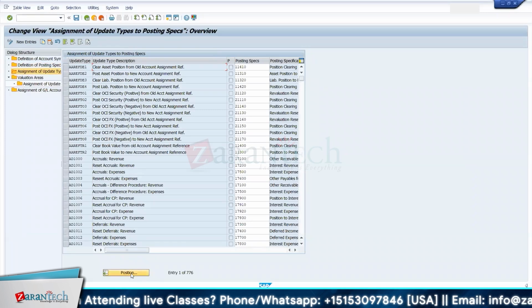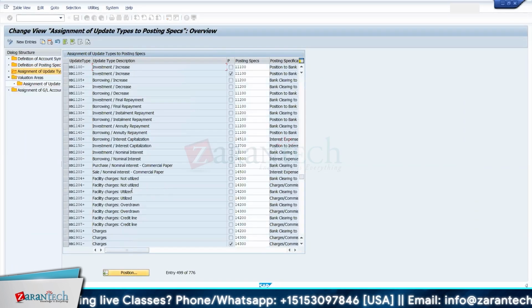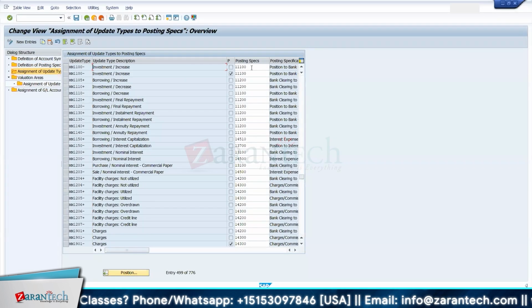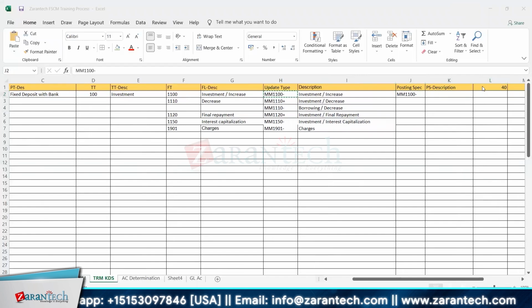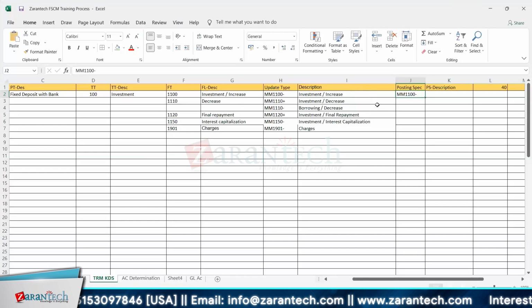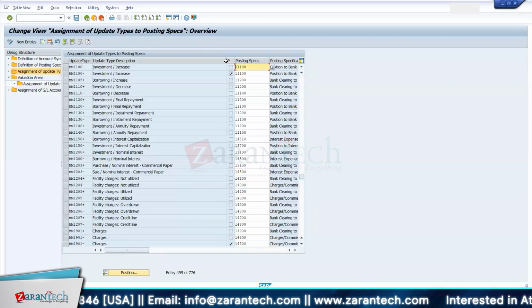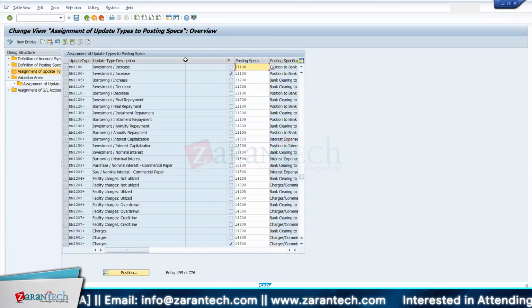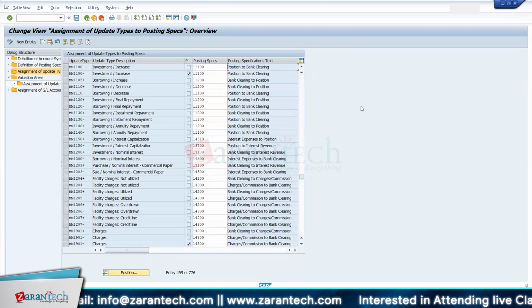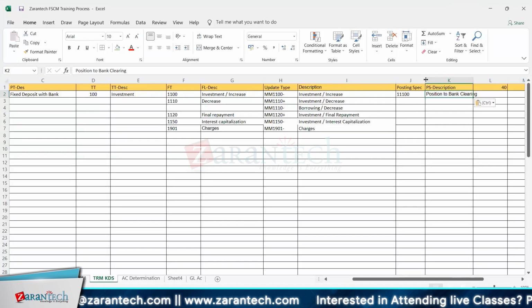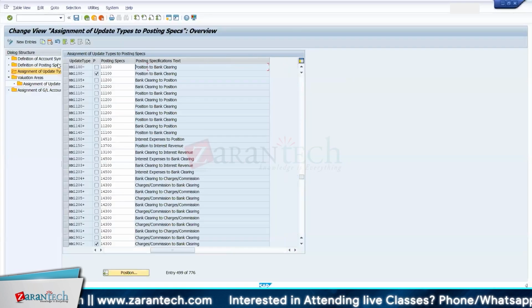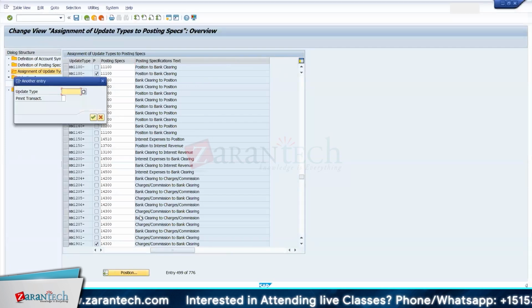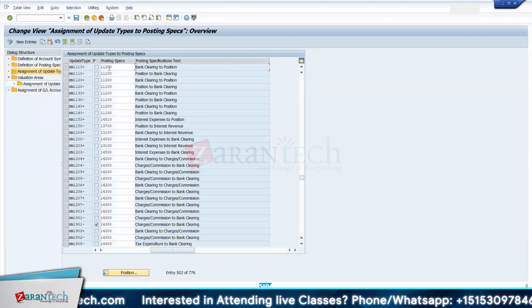Here this is my update type and the posting specification is this. So as it is, you copy and paste here. Whatever standard assignment is there, let's copy paste here. And then we will evaluate whether we can use that or whether we need to create new.